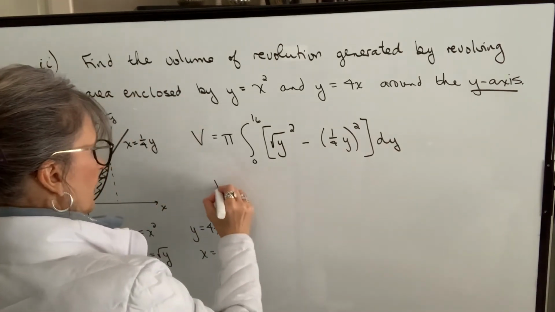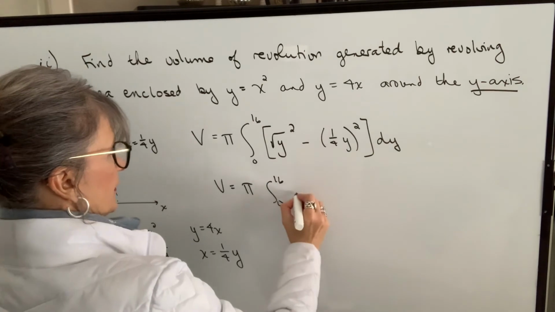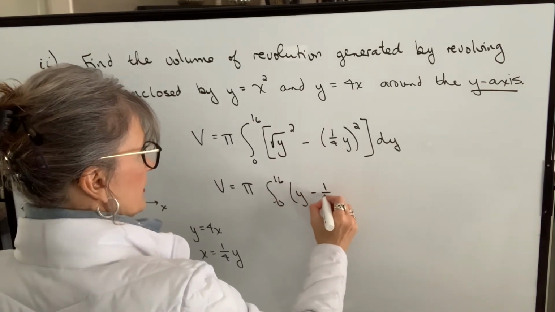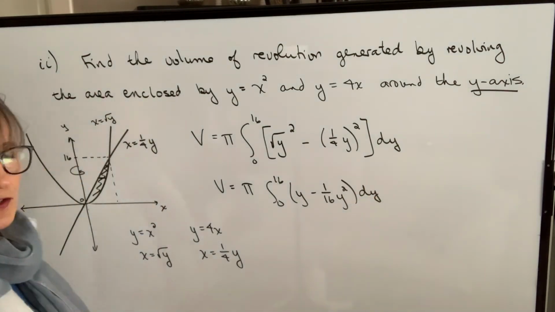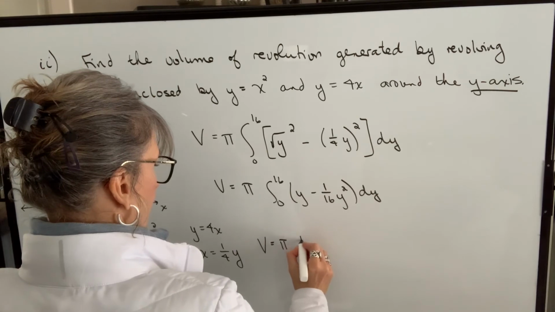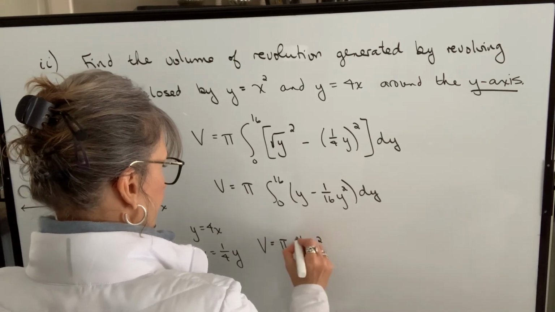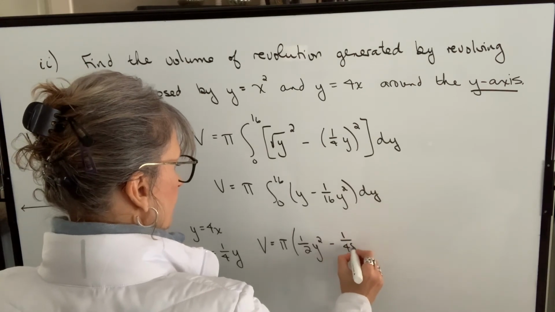We're going to simplify this. So that will just simply be y, and this will be 1/16 y squared. And now we can integrate it. So it will be 1/2 y squared minus 1/48 y cubed.